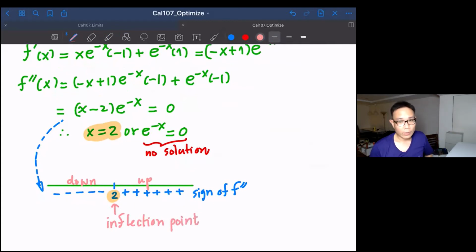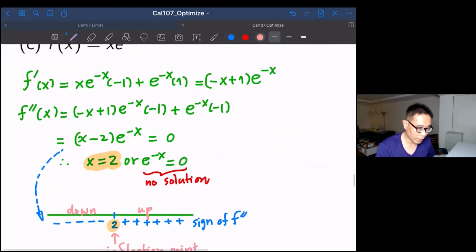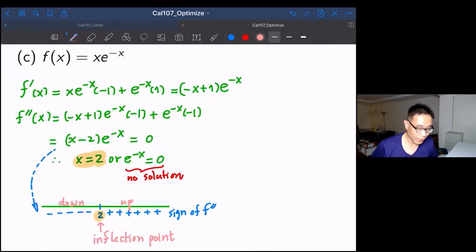Okay, so this one is how we determine concavity up or concavity down for these topics. So you get a function. The first step turned out to be you find the derivative. The second step turned out to be determine the point where the solution equal to 0.